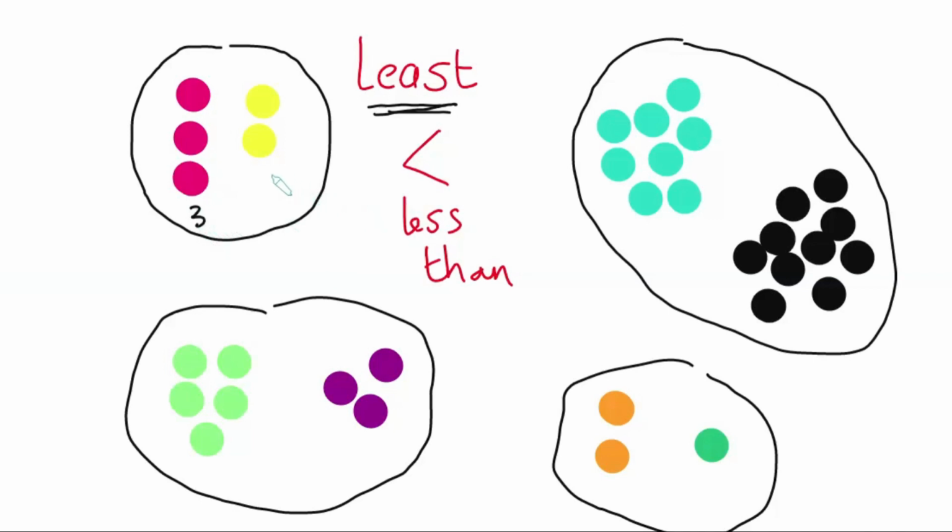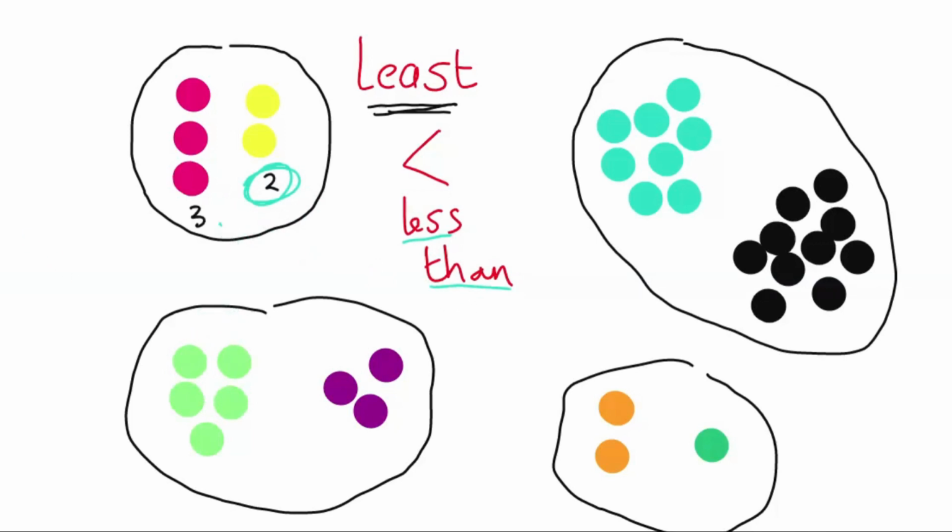And how many yellow dabs? That's correct, 2. Which one am I going to circle to identify the least number of dabs? That's correct, number 2. Because 2 is less than 3.